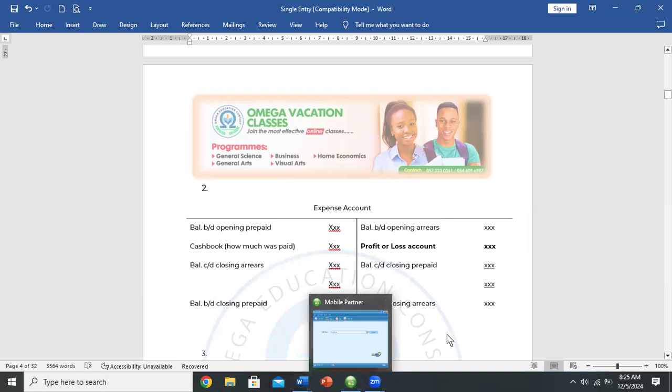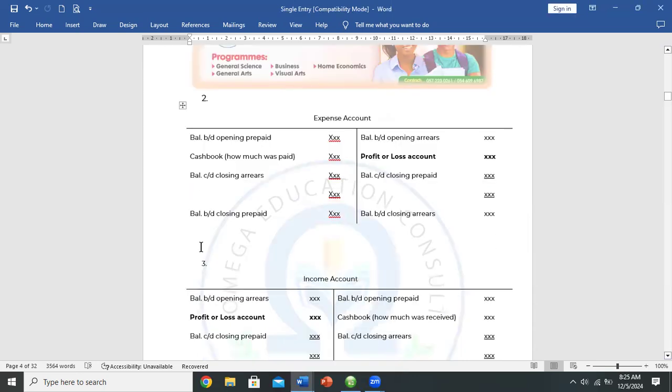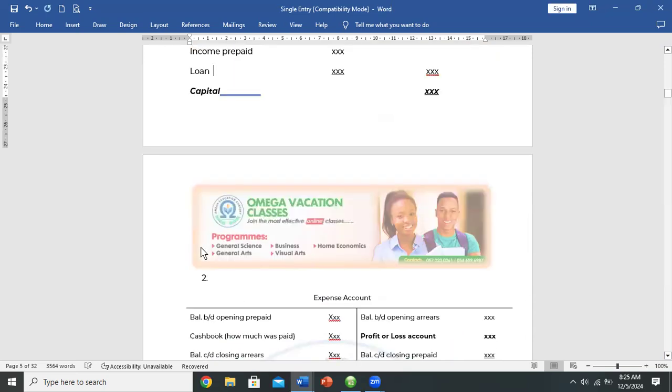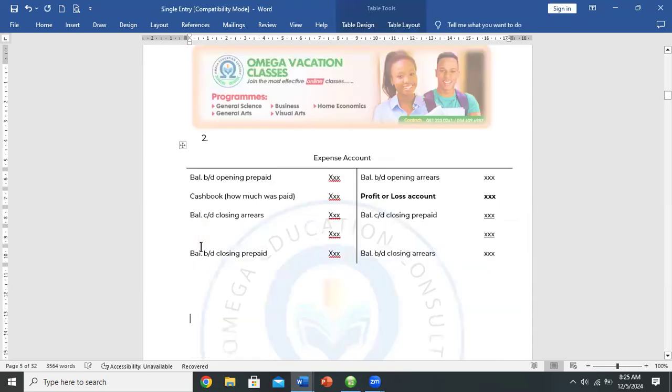Let me put it on the screen so that you can follow. So this is the issue. You are required to pay the dues. The dues is 100 Ghana cedis every semester. Last semester, you paid 50 cedis.